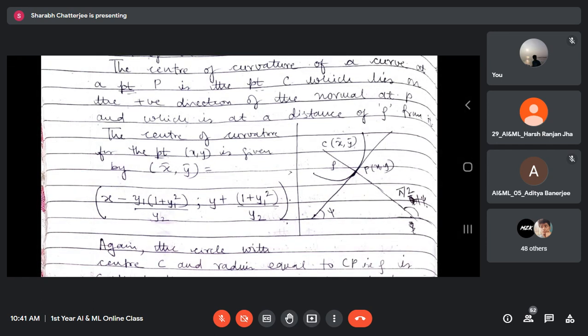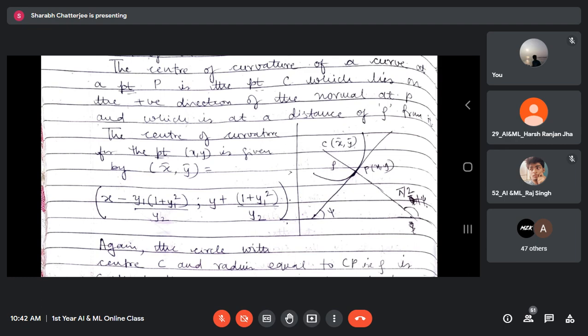Corresponding to curvature 2, there is a circle having curvature 2. There is a circle corresponding to curvature 2.5. Any number you pick up, you can always find a circle. It is just about expanding and contracting. Are you convinced? There exists at least one circle with the same curvature, and that is always possible.